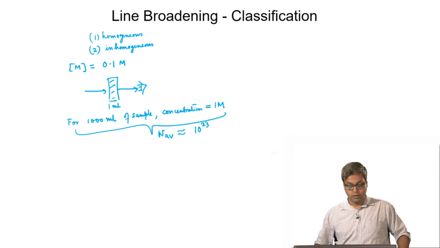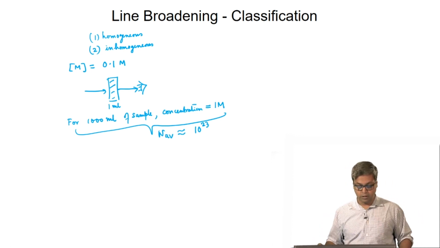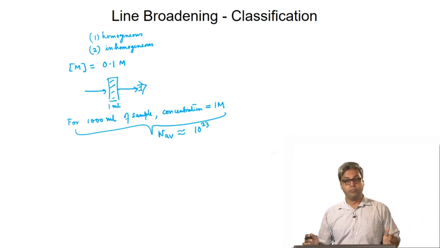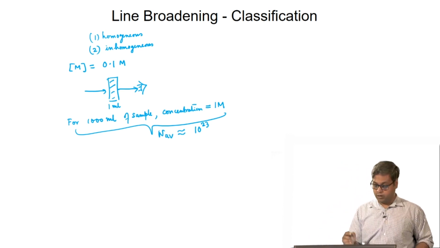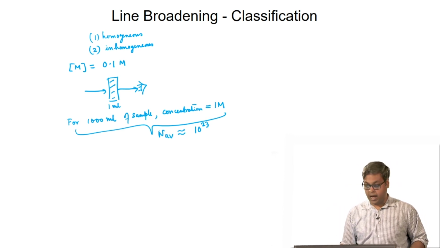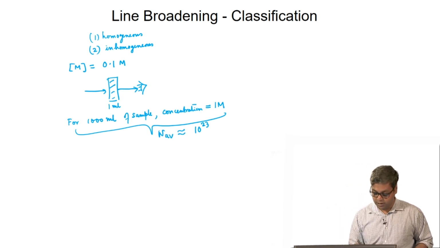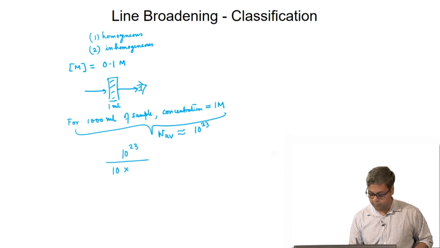But now, in our solution, we have a volume of 1 milliliter and a concentration of 0.1 molar. So, the number of molecules we have during the experiment is 10 to the power 23 divided by 10 times 1000, which equals 10 to the power 19 molecules.